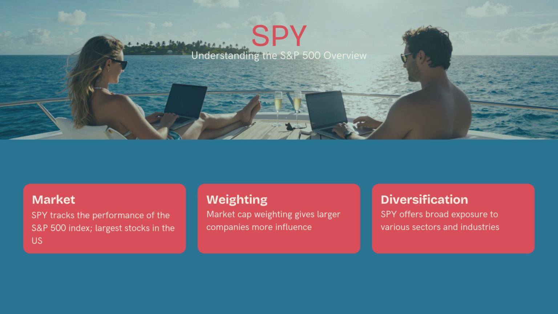So it's not focused on technology, for example. It's not focused specifically on biotech. It's not focused specifically on semiconductors. This is the whole US economy, the largest 500 companies. Additionally, I should mention that the SPY and QQQ have a very high positive correlation, around 90% correlation. So what that means is they almost always move in the same direction.